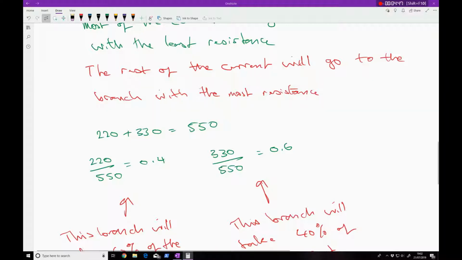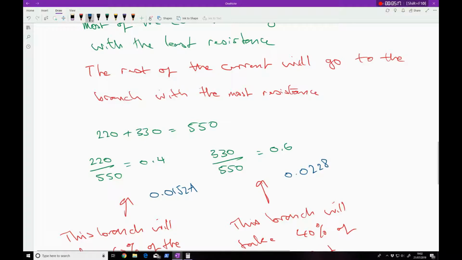The current going into this branch is going to be 0.0152 amps, and the current going into that branch is going to be 0.0228.